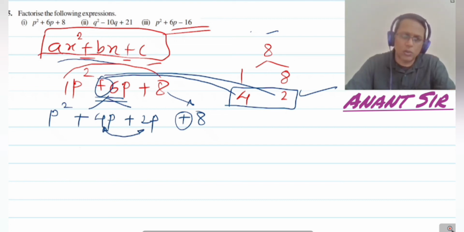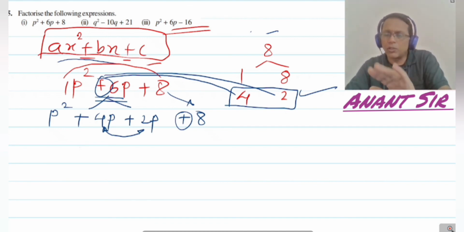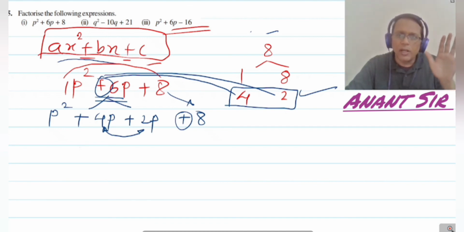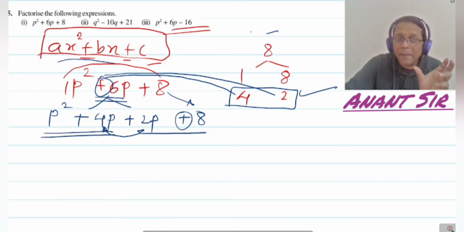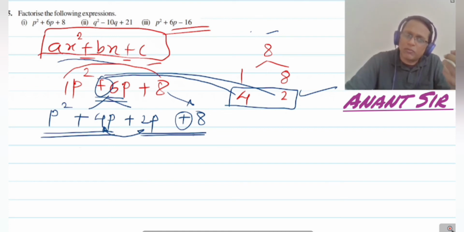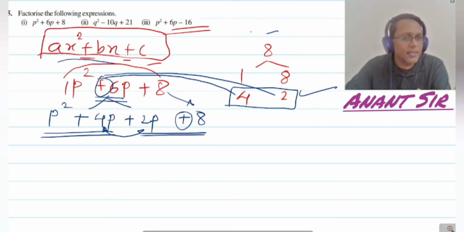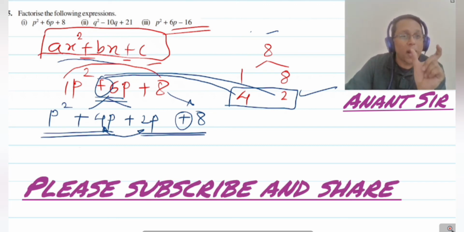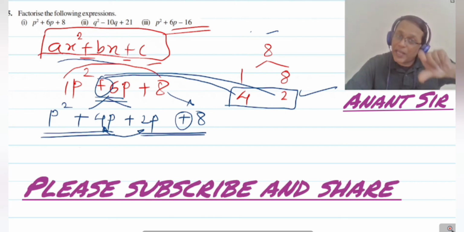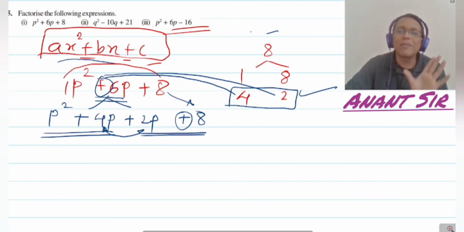You can write plus 2p first, plus 4p afterwards, you will get the same answer. So now, how to proceed further? We have solved these types of questions where we had 4 terms, if you remember, right? We took something common from the first 2 terms and then something common from the last 2 terms. And then we got 2 brackets which must be the same, right?